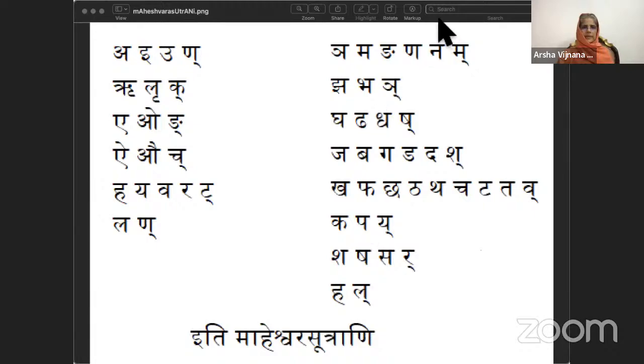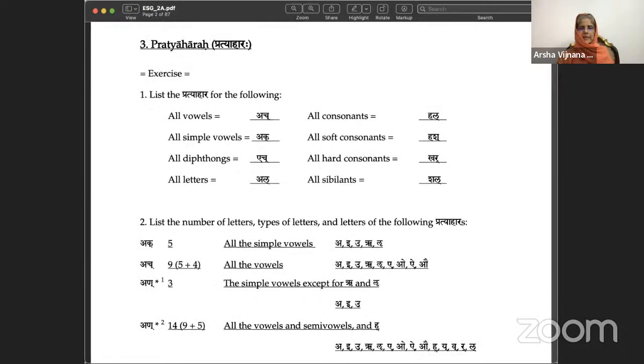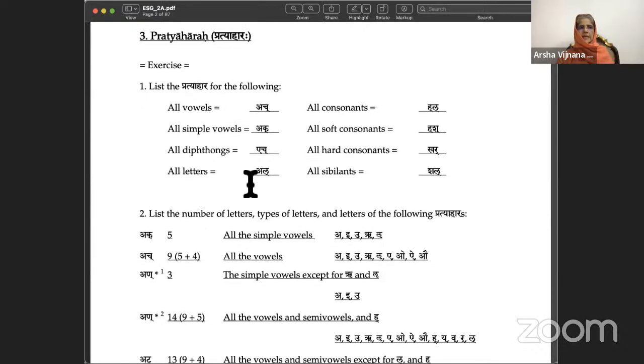Yeah, let's just look at this now. Hold on. Are you able to see this? Yes, Swaminiji. So let's just go over this very quickly because all the 41 pratyaharas are here.